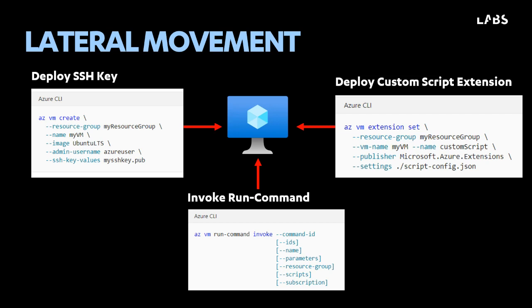Thirdly, we've got another approach which is similar to the invoke run command, but how this one works is it deploys an extension, and the responsibility of the extension is to run a script. So we can specify details about that script, and then we would achieve code execution on that server.